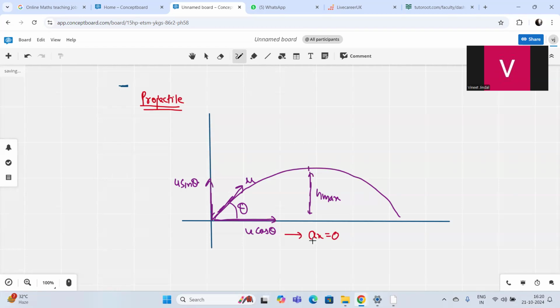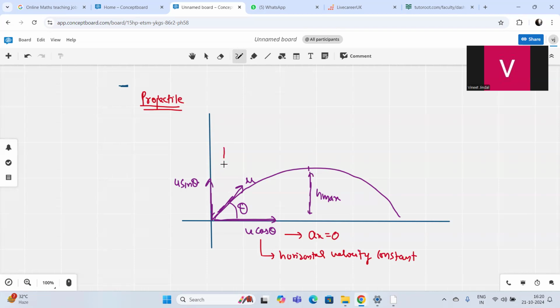We assume that horizontal acceleration is zero, so horizontal velocity remains constant, because acceleration is responsible for the change in velocity. As there is no acceleration, the horizontal component of velocity remains unchanged.